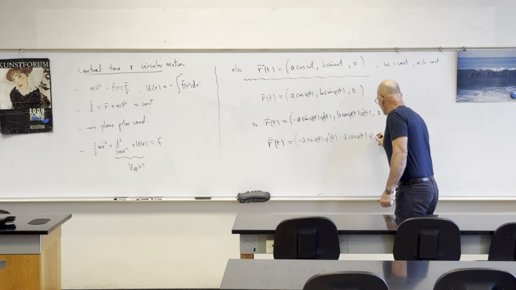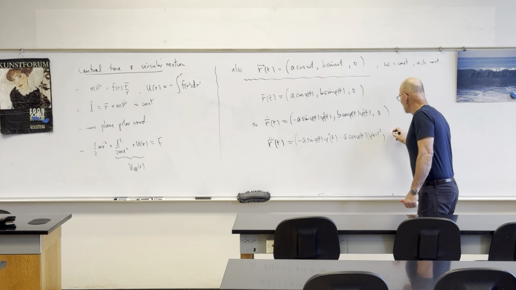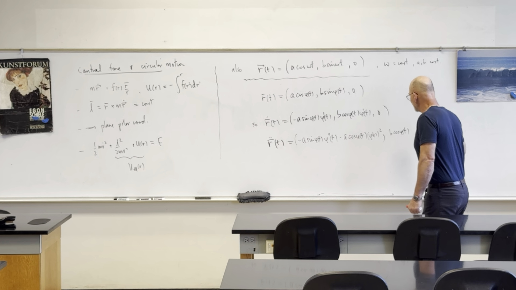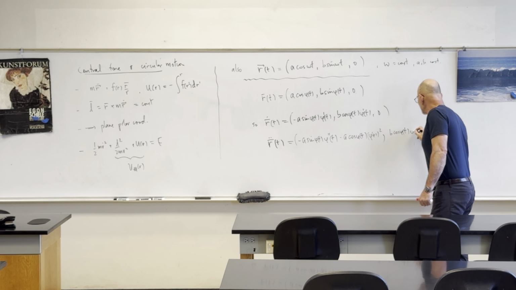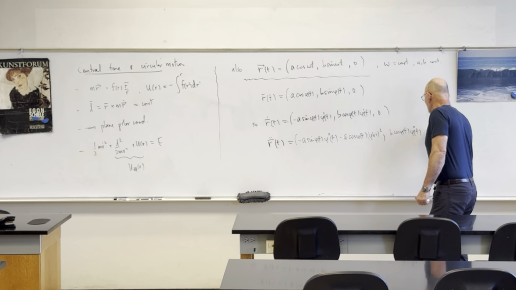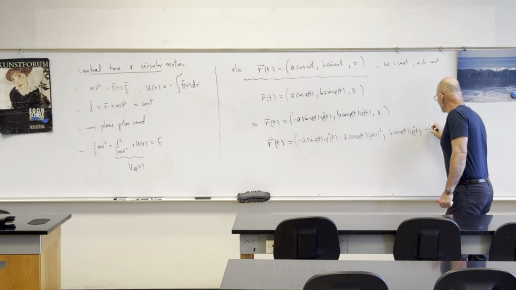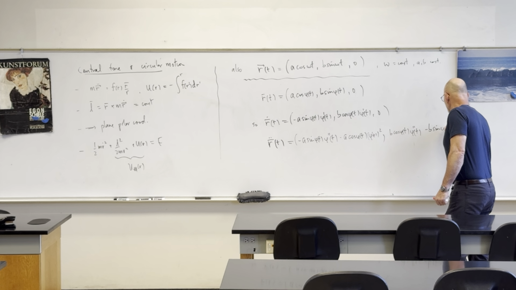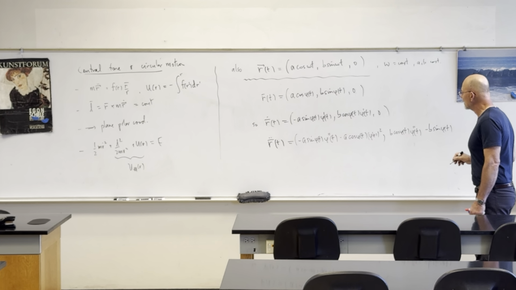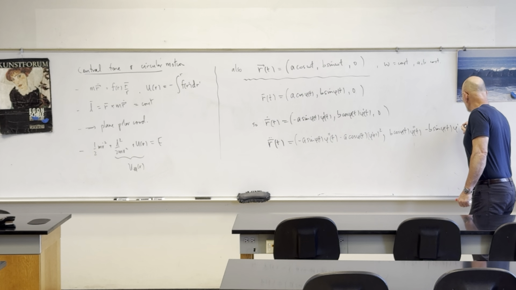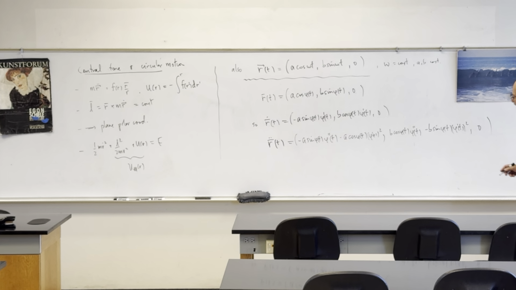And then here you're going to have b cos phi of t times phi double prime, minus b sine phi of t times phi prime of t squared, and we got the 0 again. Okay, so we've generated a bunch of stuff.